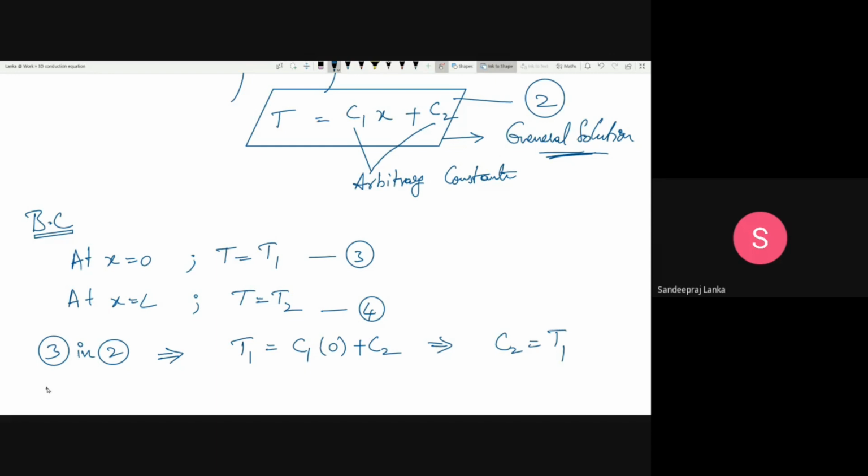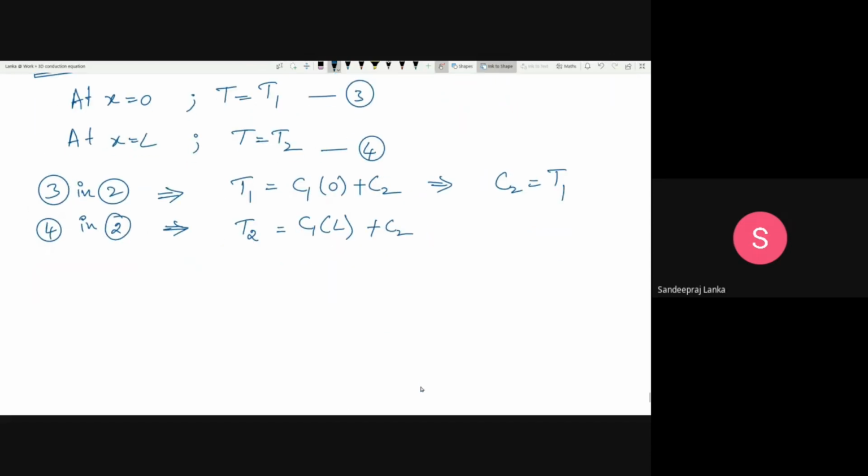Then if I substitute 4, I get T2 = C1 × L + C2. So T2 = C1 × L + T1, and C1 will be equal to (T2 − T1)/L. So now I got the values of my arbitrary constants, C2 and C1.